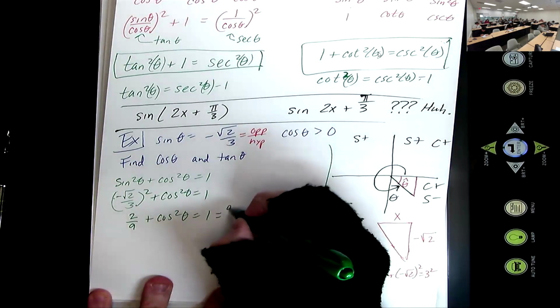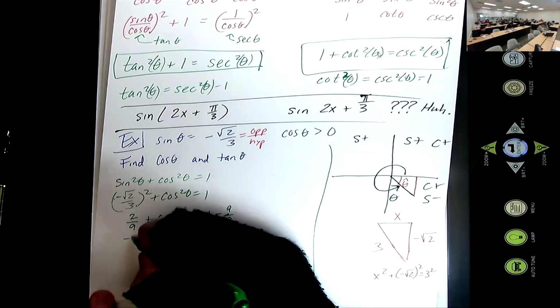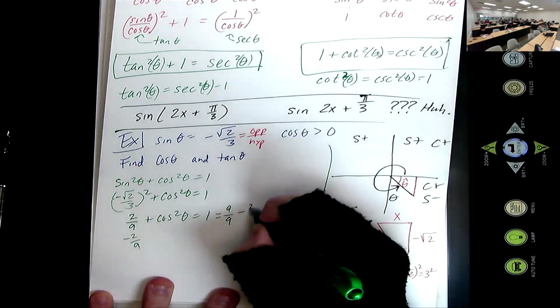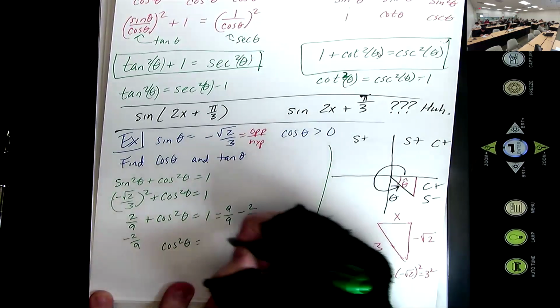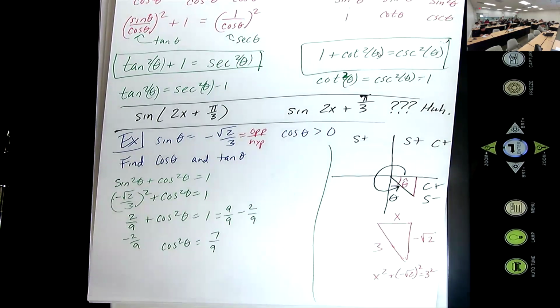And 1 is the same thing as 9 over 9, so when I subtract 2/9 from both sides, I get cosine squared theta equals 7/9.